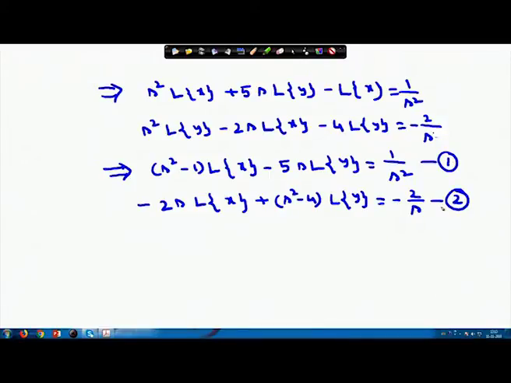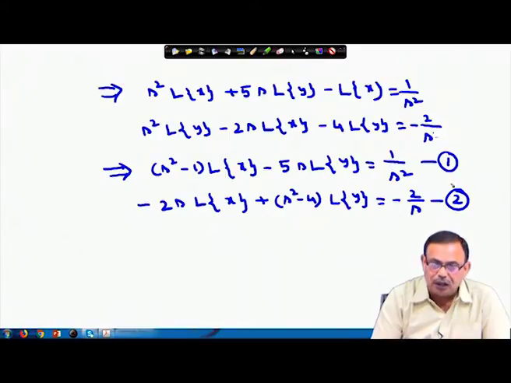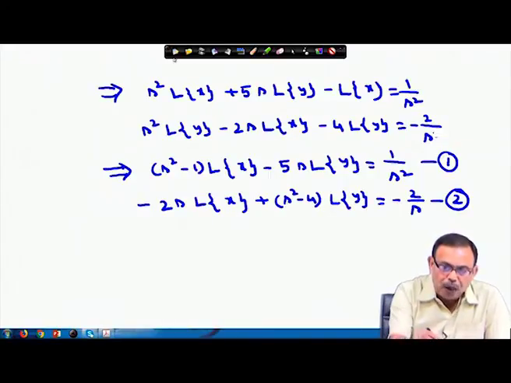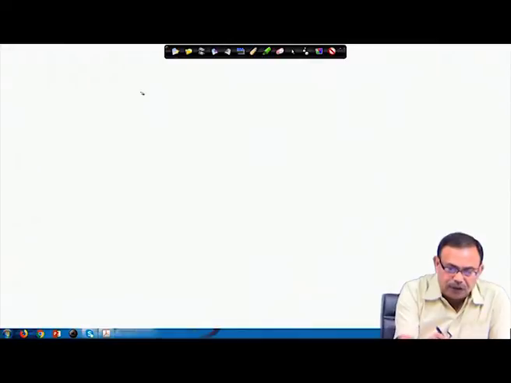Once I get these two equations, if I solve these two algebraic equations, I can find out the values of Laplace transform of x and Laplace transform of y. So, by solving equations 1 and 2, I will obtain these things.